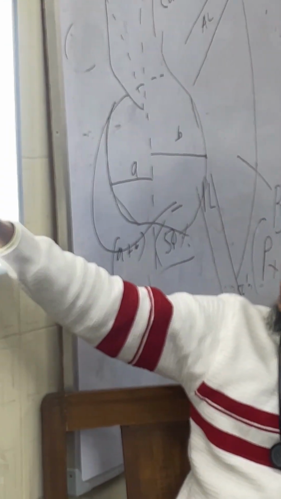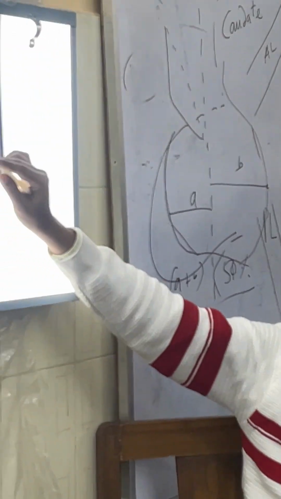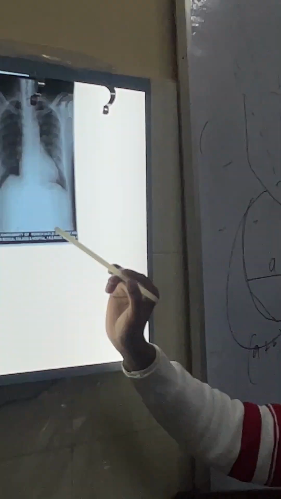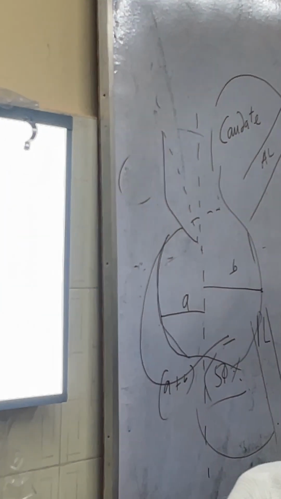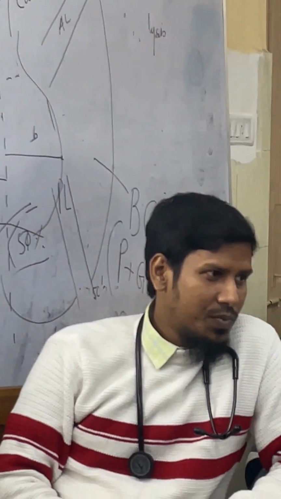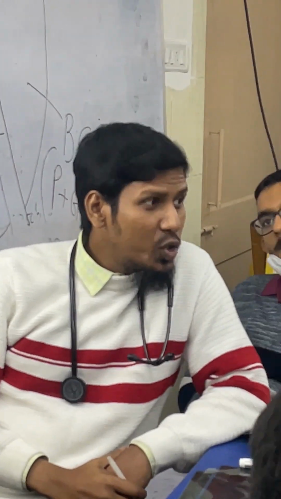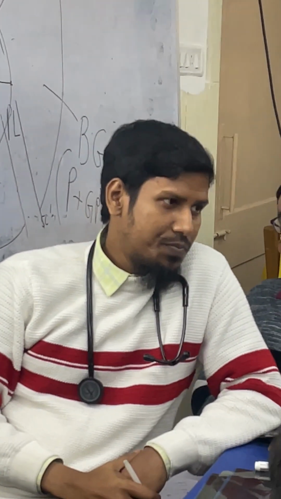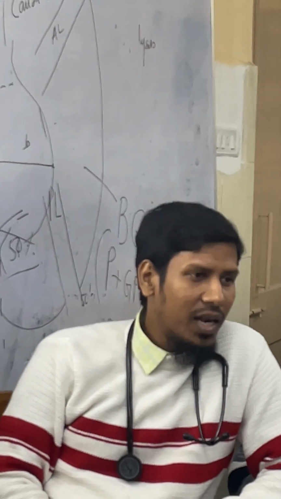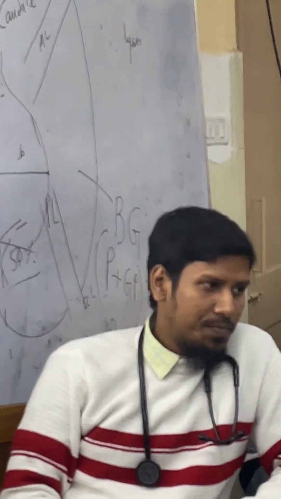Same thing, if the dome of diaphragm with the rib cage, that is the costophrenic angle, gets obliterated, then we call it pleural effusion is present.